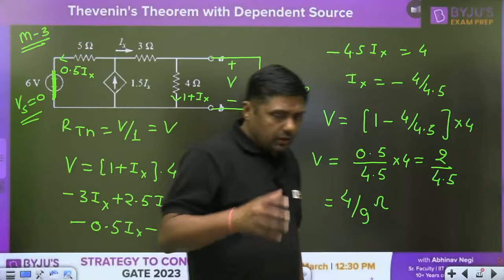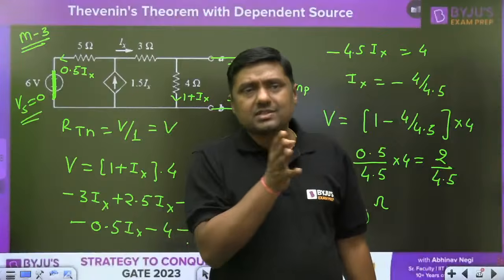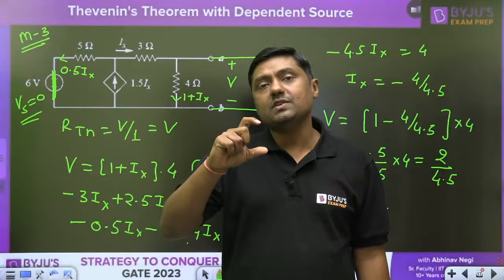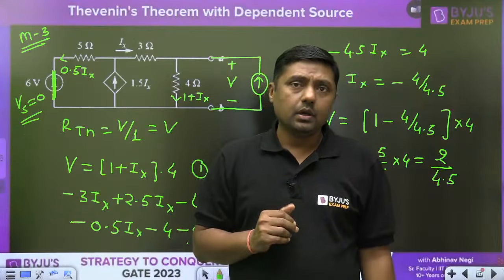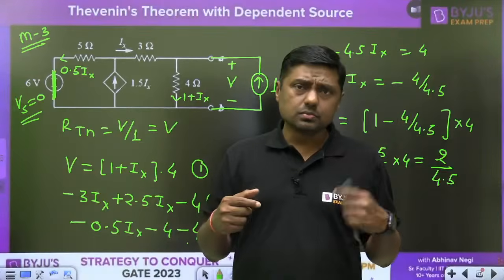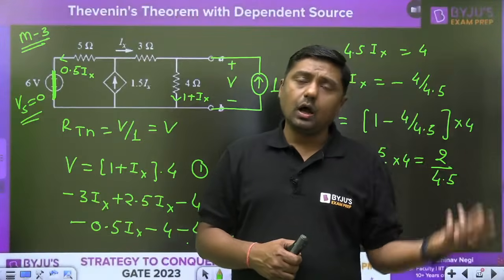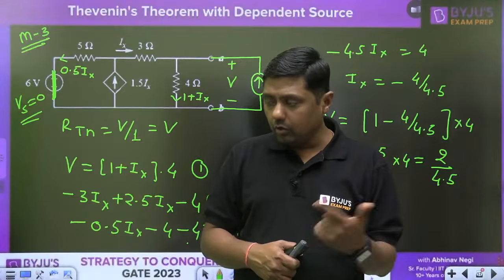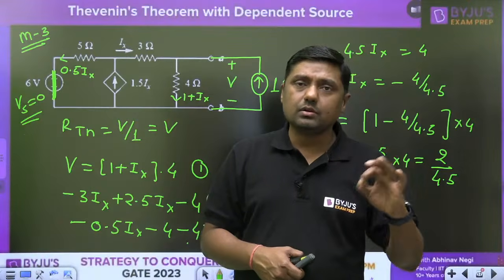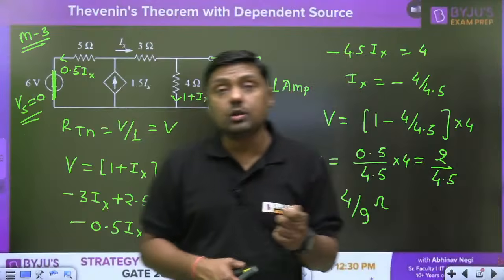But if we have a number of branches in parallel, then you can take the 1 ampere current source. It will become very easy for you to distribute the current. If we have a number of components in series, then you can choose the 1 volt battery. But it is question to question, it may vary, or it depends upon the person.